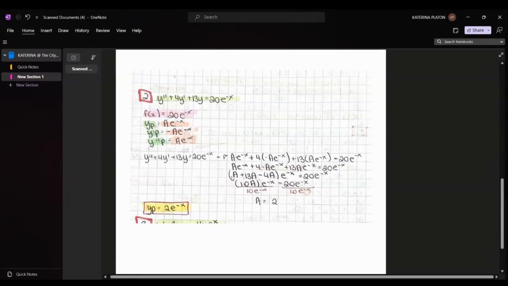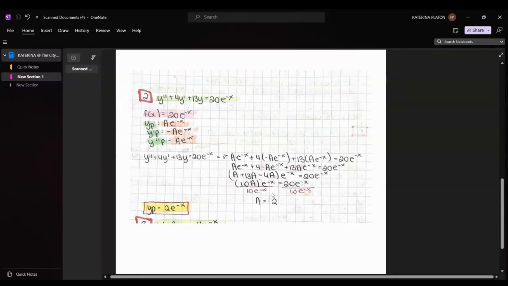And then I combined the like terms. I placed all the a's together and factored out the e to the power of negative x. Then a plus 13a minus 4a is 10a, with the e to the power of negative x factored out, equals 20 e to the power of negative x.